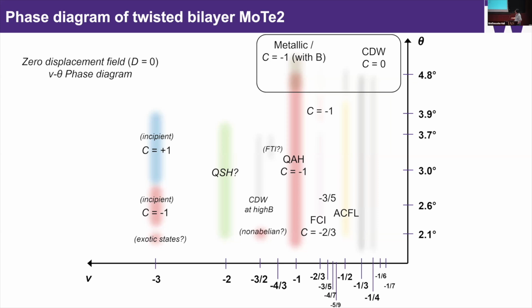At the -2 filling, there's recent experimental progress, with a lot of theory, showing that there can be a quantum spin Hall state. And there's also a possibility at -3. At the large twist angle, I already showed you, we start with an incipient Chern-less state, and the Chern number can change sign from plus to minus as we tune the twist angle, and eventually reach this magic angle of 2.1 degrees. There still could be exotic states. We just don't know yet.